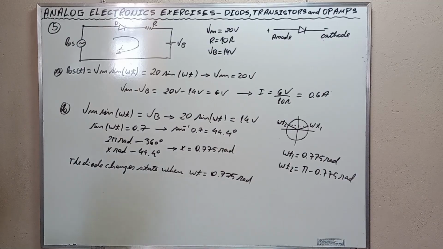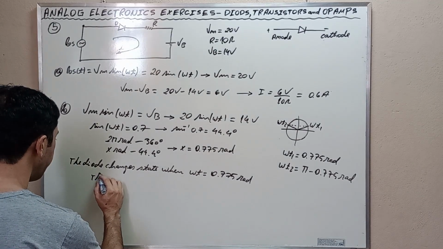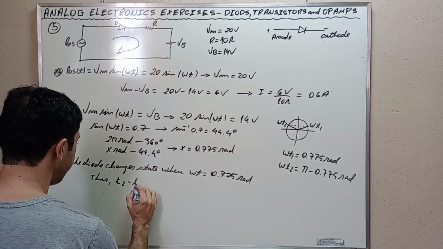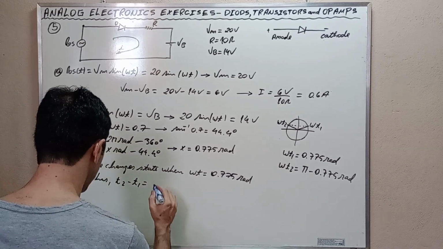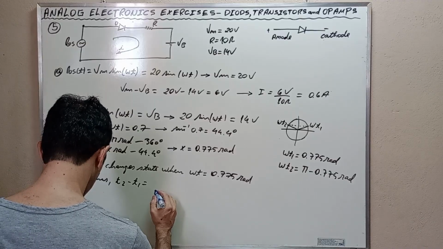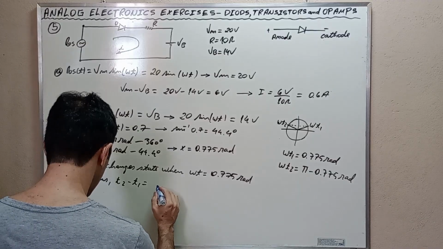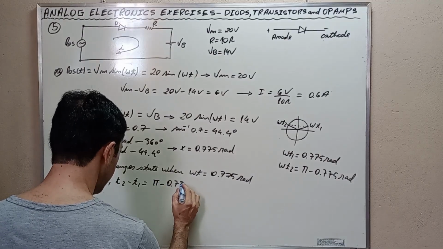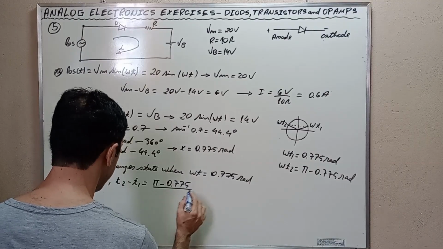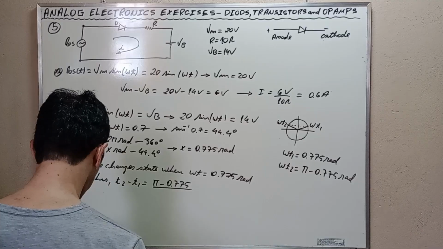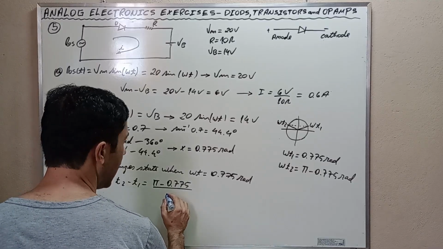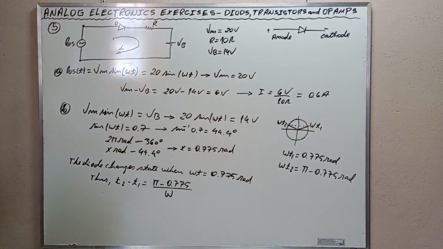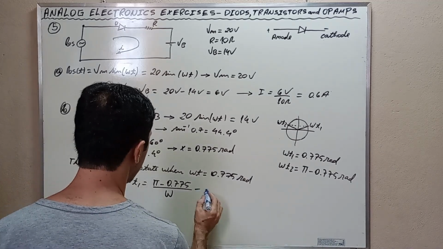Okay, thus T2 minus T1 is going to be equal to pi minus 0.775 divided by W, minus T1.